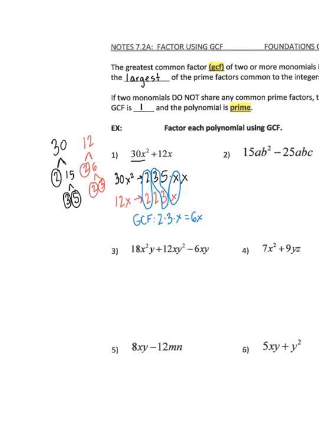My greatest common factor is going to come first, 6x. And then I'm going to write all my leftover terms from the 30x squared, so that would be 5 and x. And then all my leftover terms from my 12x, and that would just be 2. And this is my answer.